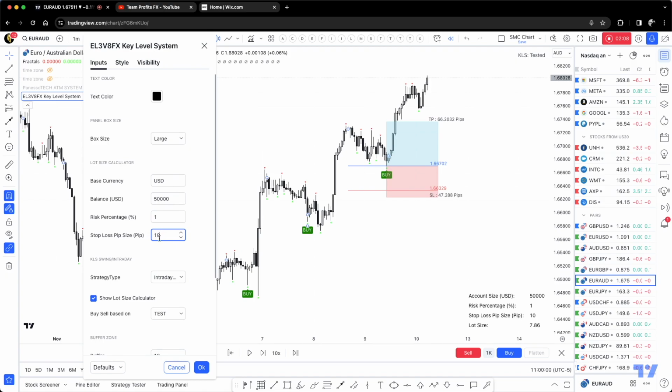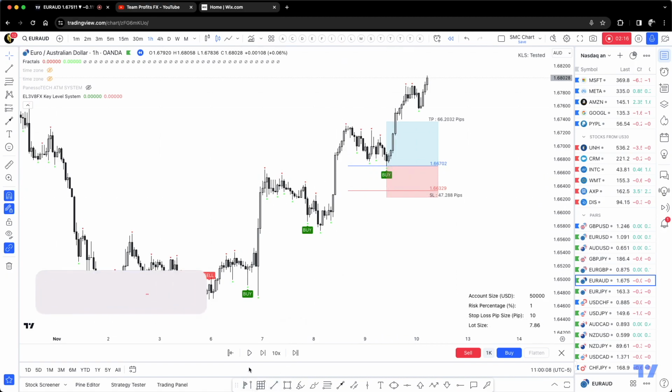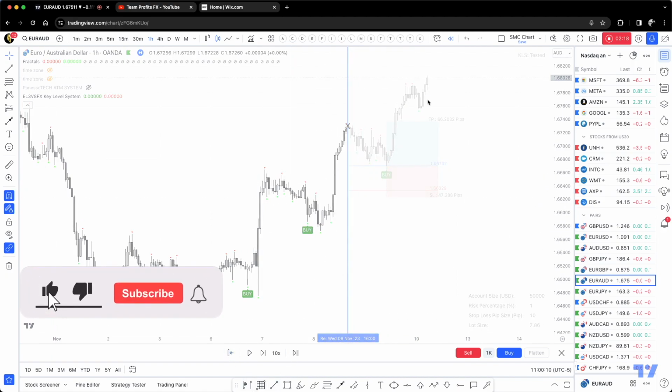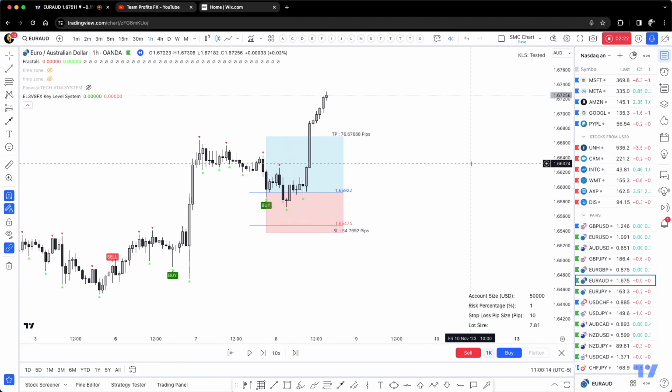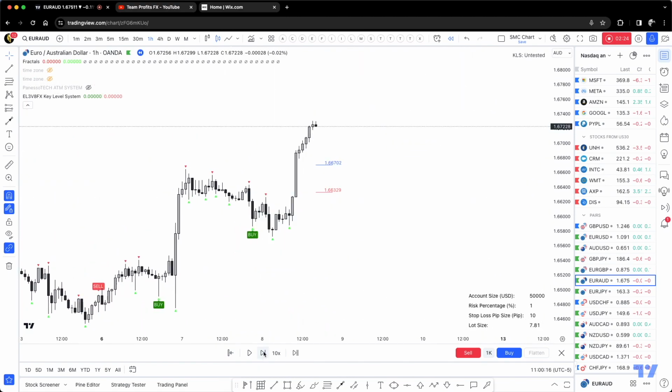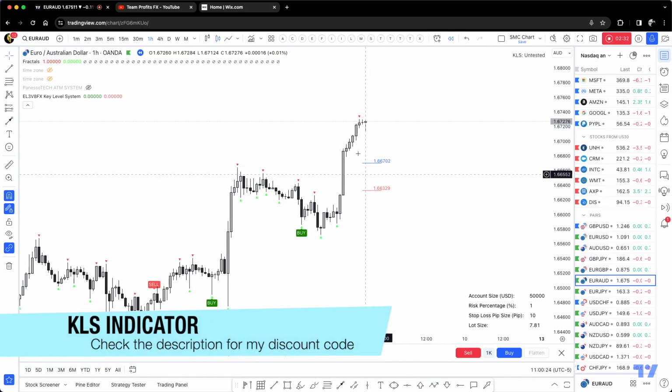Since you see right here, the indicator will print two lines. Let me just go ahead and actually show you right quick here. Of course, this trade was already in play. Let me show you the next one right there. So basically, after hitting the first TP, we see that price, of course, closed.